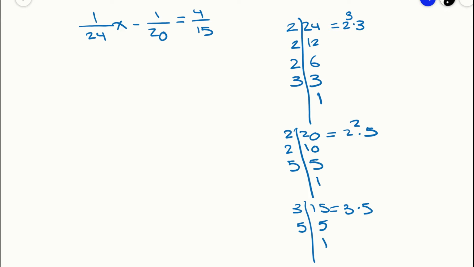The really simple procedure you can use to find the LCM of certain numbers, which when it comes to denominators, the name becomes LCD, is to basically multiply the highest power of all factors, okay?